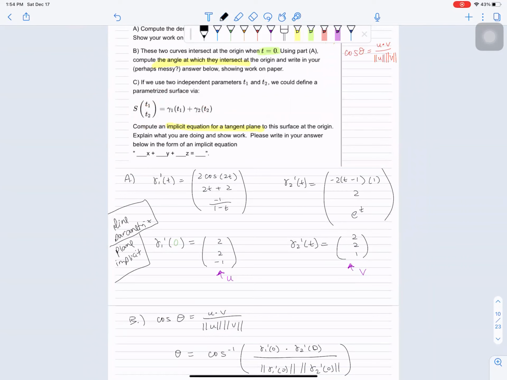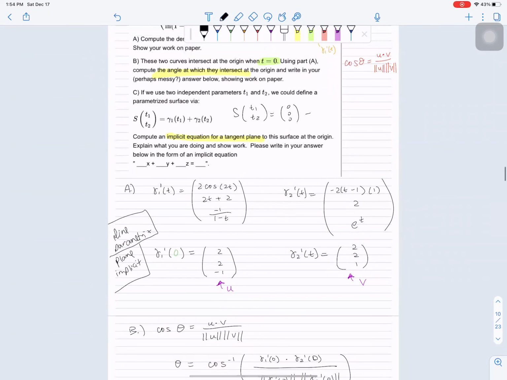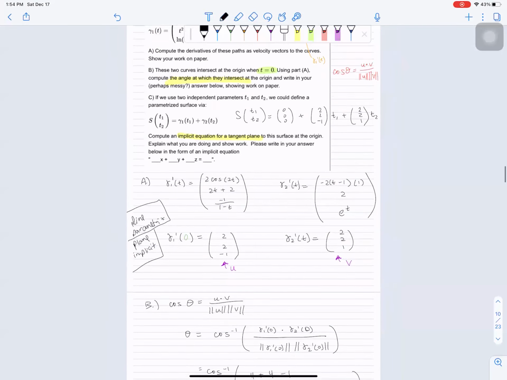It would be s of t1, t2 equal to some original point, which is 0, 0, 0, plus one of these vectors, 2, 2, negative 1, times t1, my first variable, plus the other vector multiplied by my other variable t2.